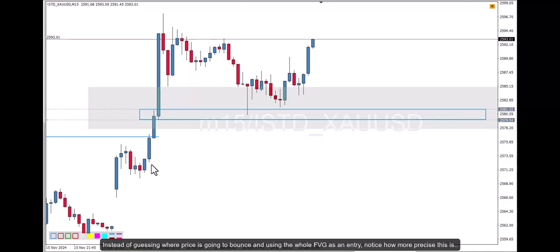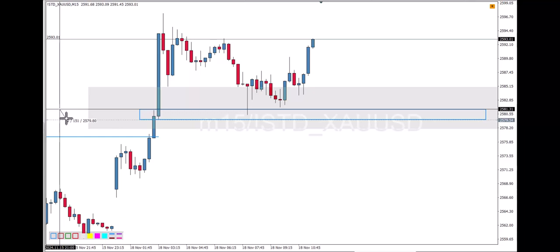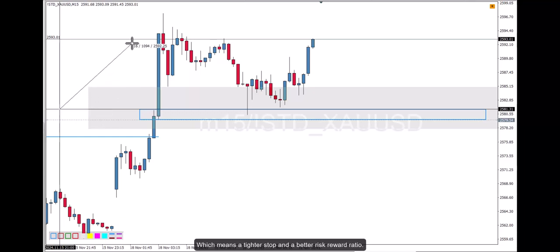Instead of guessing where price is going to bounce and using the whole fair value gap as an entry, notice how more precise this is. Which means a tighter stop and a better risk-reward ratio.